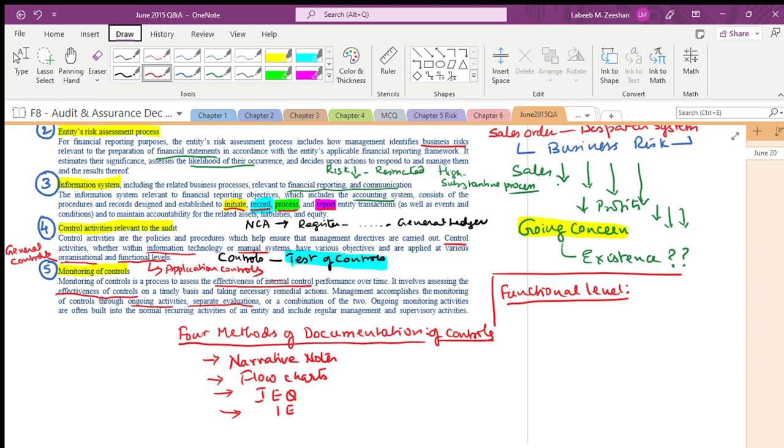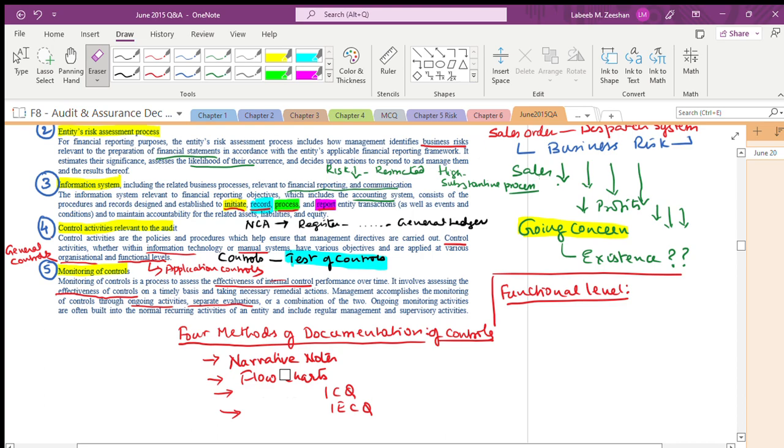Internal control questionnaire, internal control evaluation questionnaire, something like that.